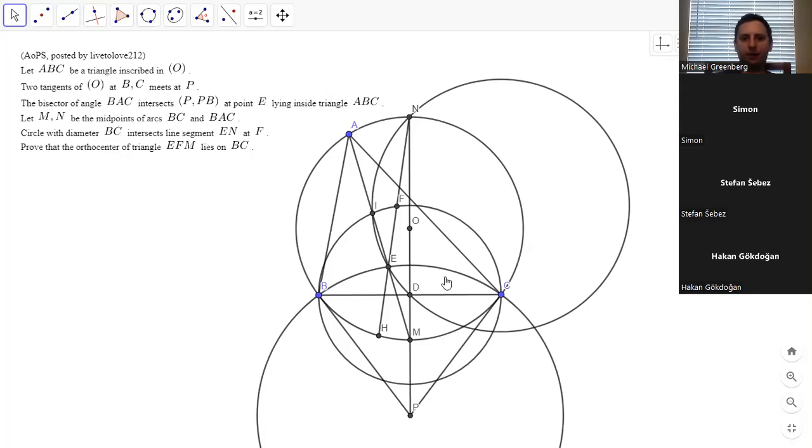It doesn't seem like it should be that hard to show this perpendicular, but it seems harder than it looks, I guess.